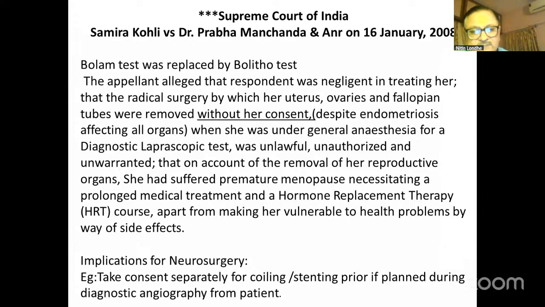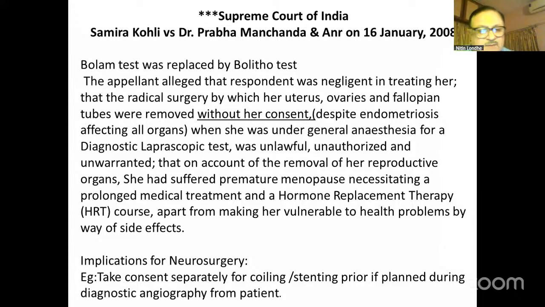The implication of this case in neurosurgery is that whenever we take up a patient for surgery, if we plan to do something more than what we have already informed the patient, unless we have taken that in writing in the consent, it would not be justified to go ahead. For example, during an angiographic procedure, if coiling or stenting is also planned, then that has to be consented for by the patient.